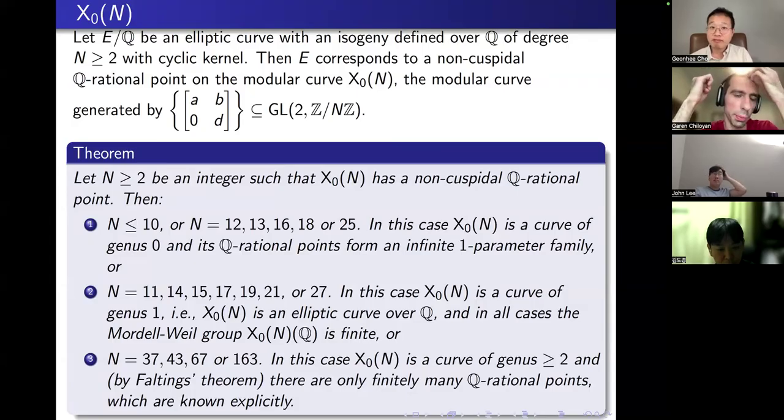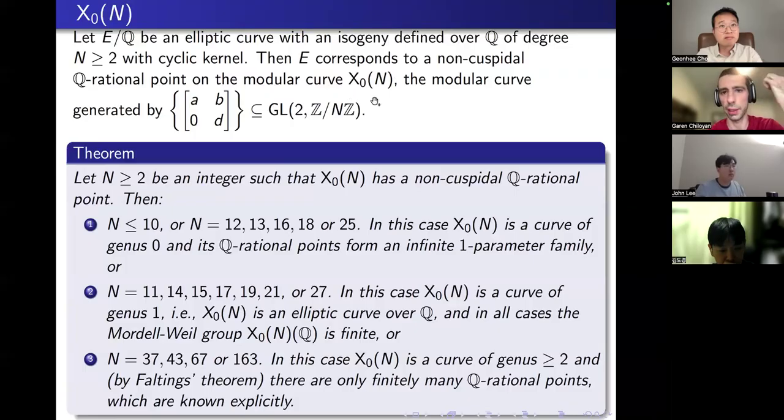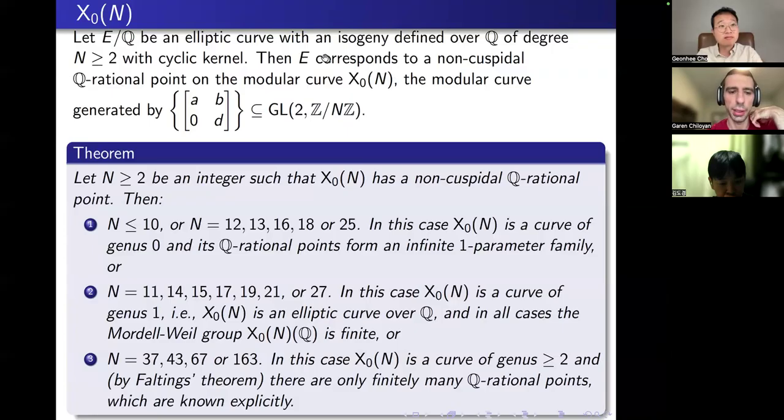E corresponds to a rational point on the modular curve X_0(n). X_0(n) is a modular curve generated by the group of upper triangular matrices over Z mod N. And this non-cuspidal means it's a nice point. Sometimes you have points that are cusps, and those are points that you have to be careful of. They usually kind of break your theory. So if E corresponds to a rational point on this X_0(n) that is not a cusp, then you get an elliptic curve with an isogeny.